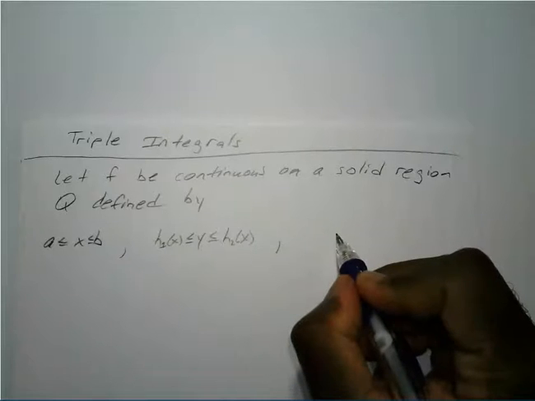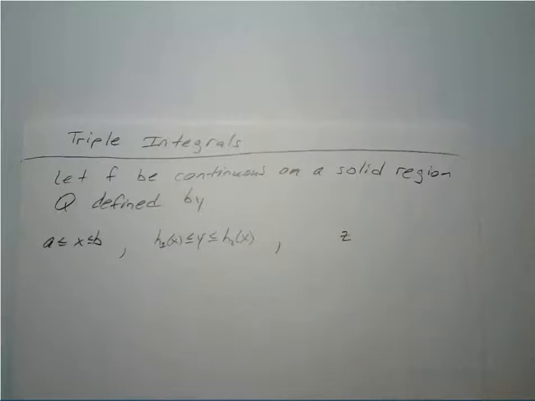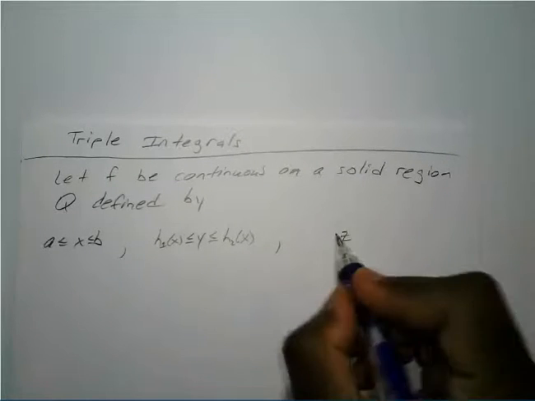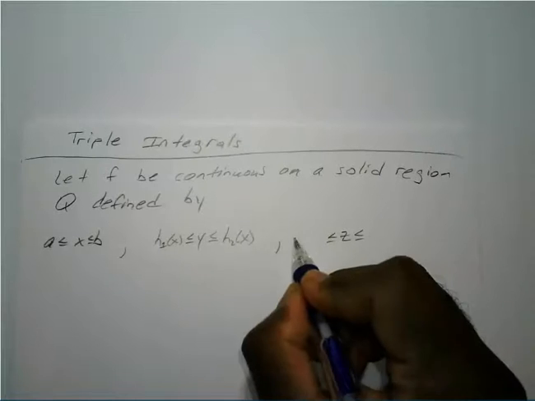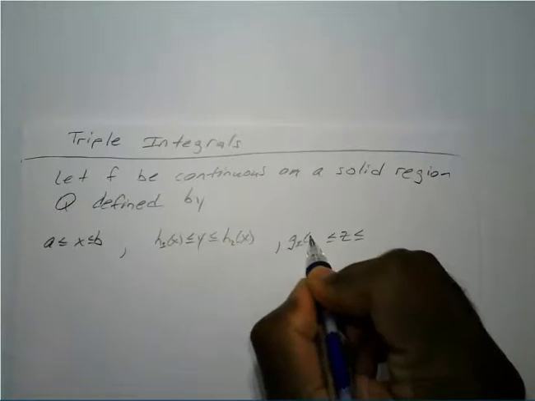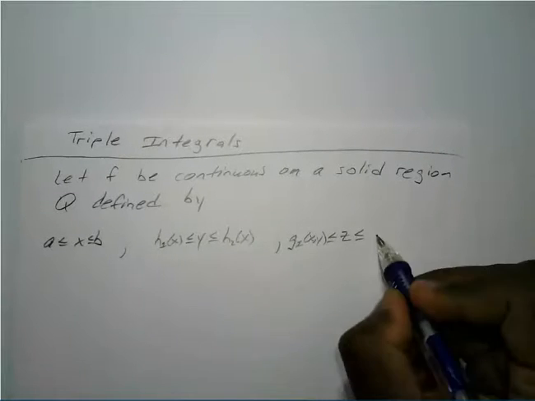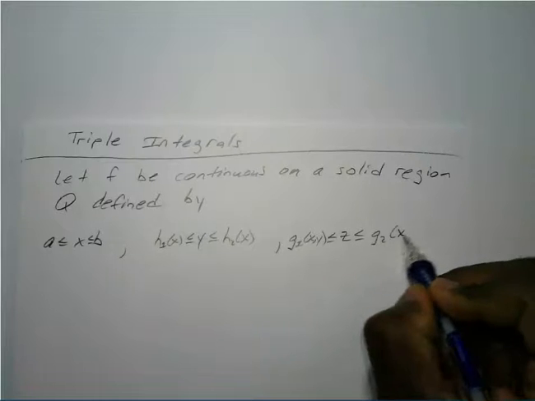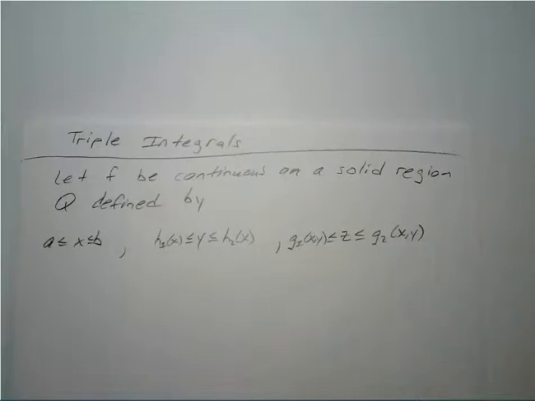and z is between two functions of x and y. So we'll call this our first function g1 of x and y and our second function g2 of x and y.